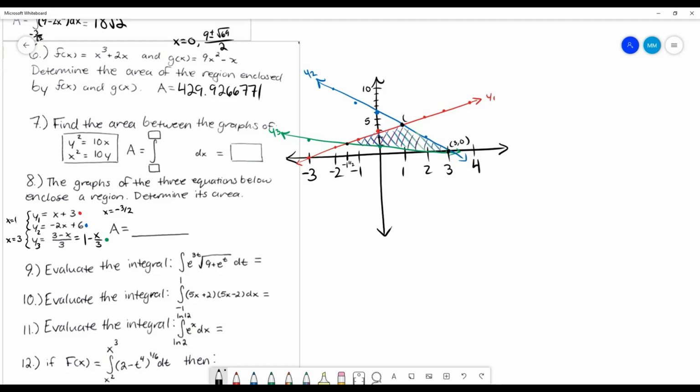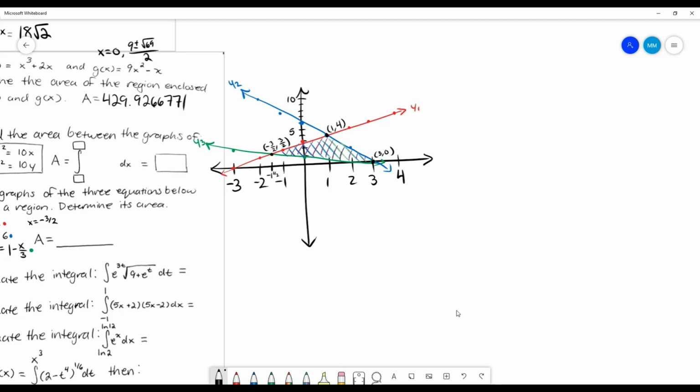That's 1, 4, I believe. Yep, 1, 4. And then that's negative 1.5. What is that value? If it's negative 1.5 plus 3, it's going to be 1.5. Okay.